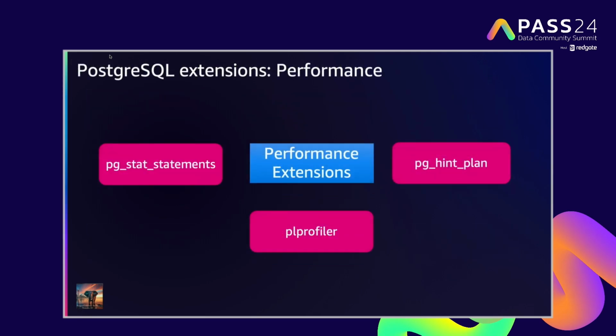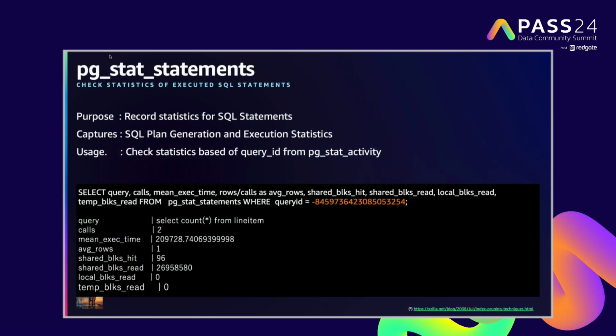Under the performance extensions, I'm primarily going to cover these three things: pg_stat_statements, pg_hint_plan, and PL profiler. So what's pg_stat_statements? Anytime you're interacting with a database, you are running SQL statements. pg_stat_statements is the extension which allows you to track the execution of these SQL statements. It gives you a lot of statistics regarding the statement execution.